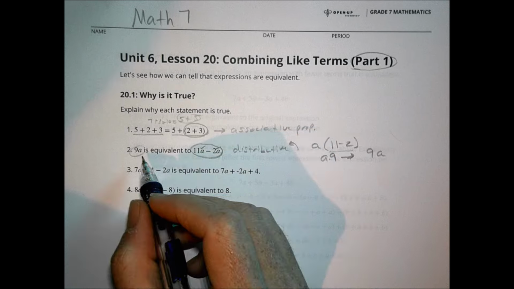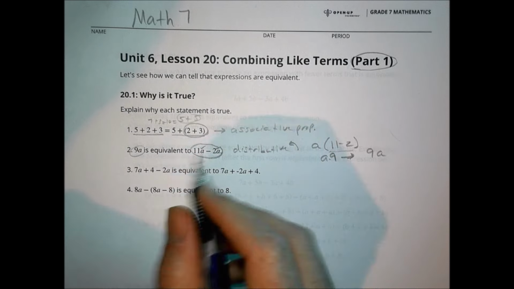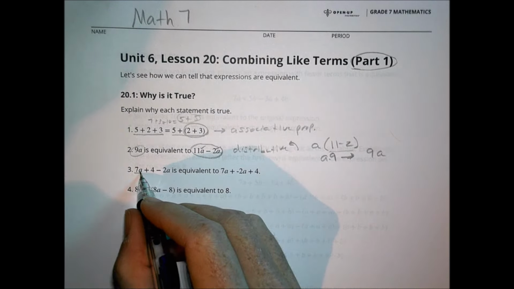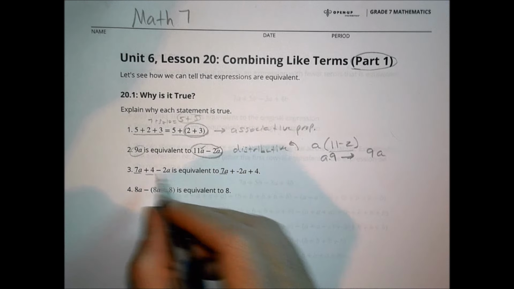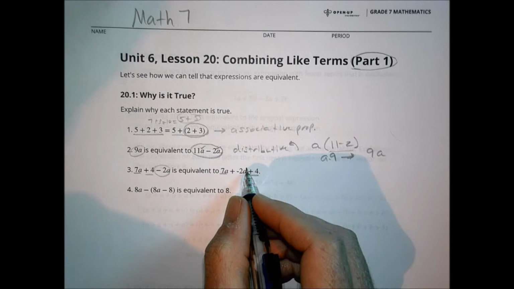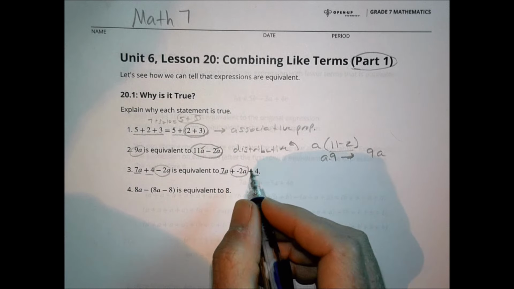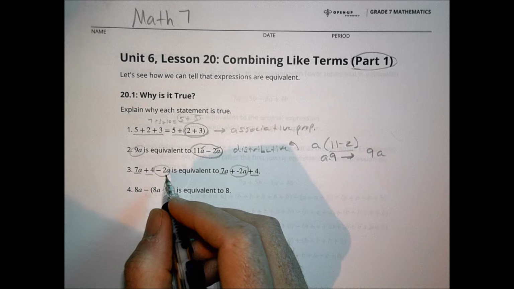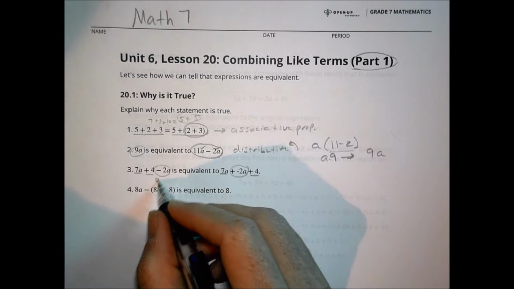So using the distributive property and rewriting things, we can show that these are going to be equivalent expressions. For this one, we have 7a plus 4 minus 2a, and here we have 7a plus 4 adding a minus 2a. And so what we've done is we're adding the opposite, right?